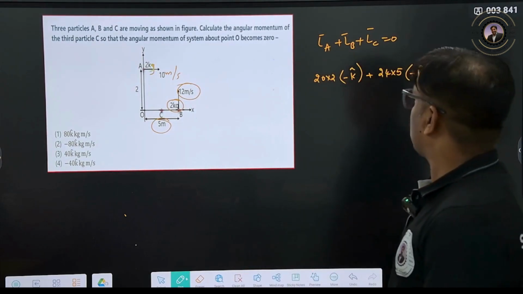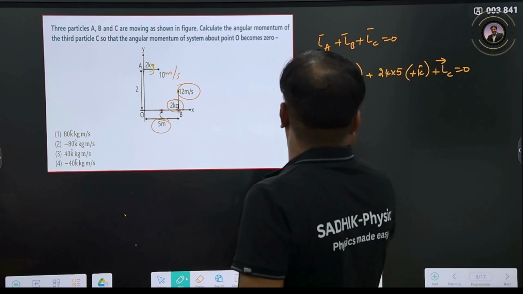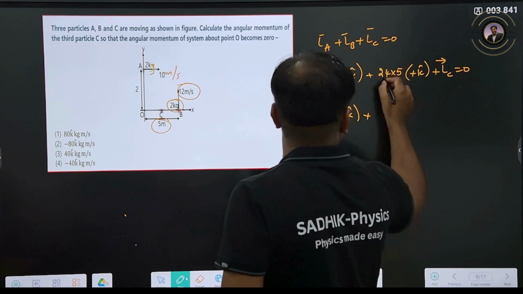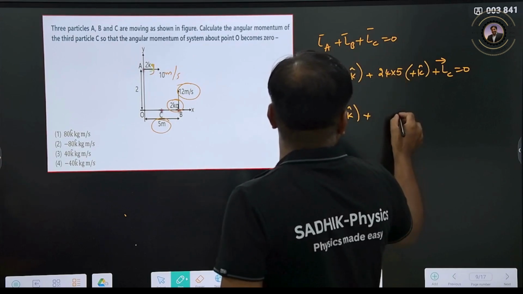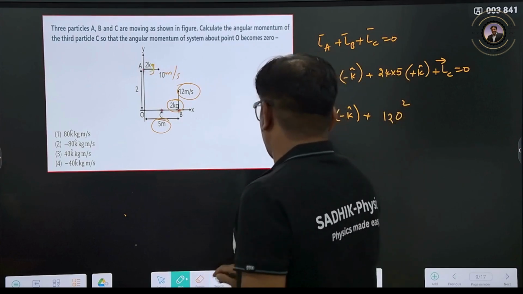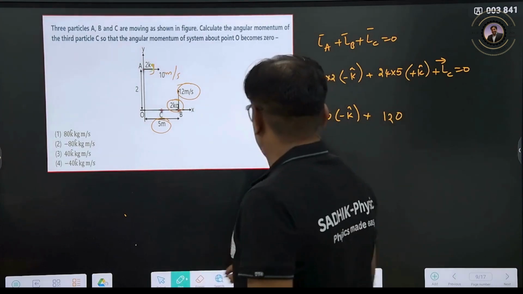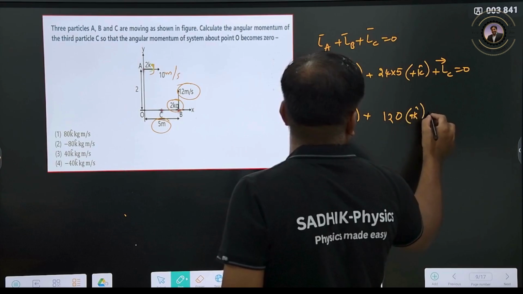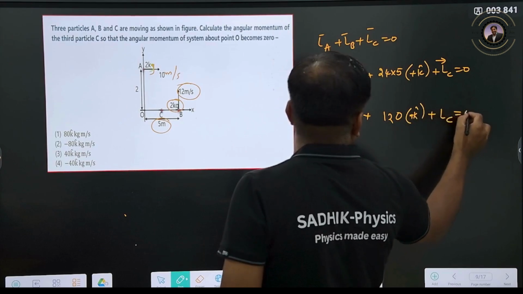Clear? So how much now? It will be 40, minus k cap, plus 2 into 12 into 5, which is 120 k cap, positive, plus L C, equal to 0.